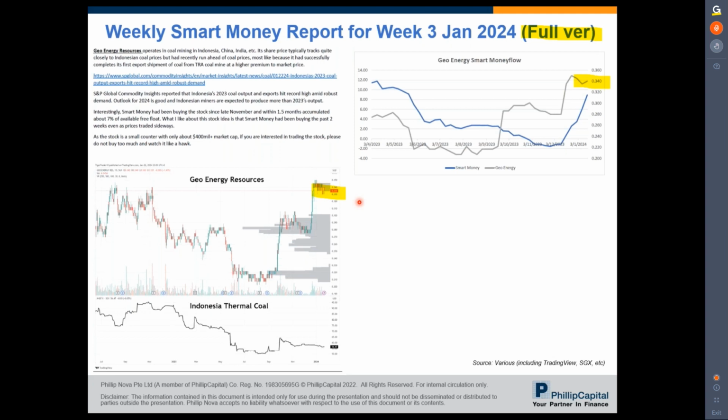But the smart money looks to be still buying. So hopefully after a correction, and in fact every correction in the period that smart money is buying is an opportunity for investors like you and I to join in to accumulate some of the stock, right?